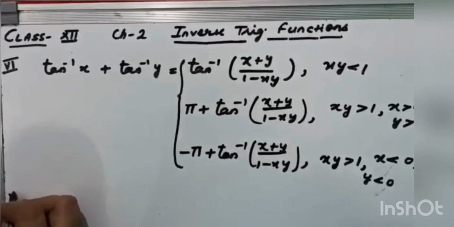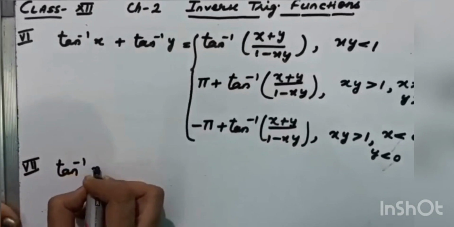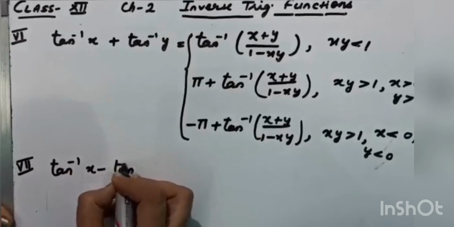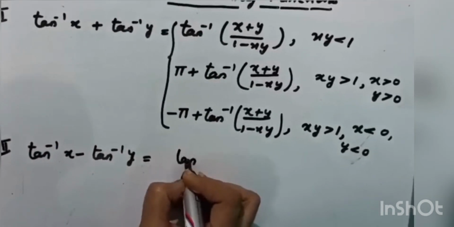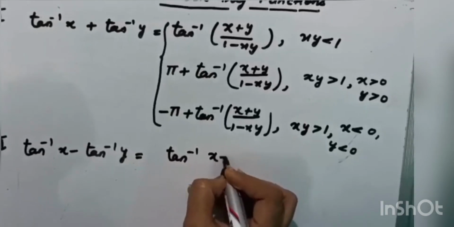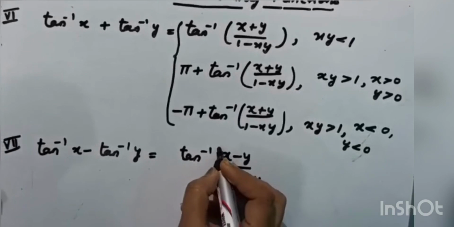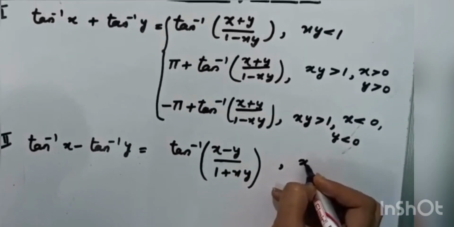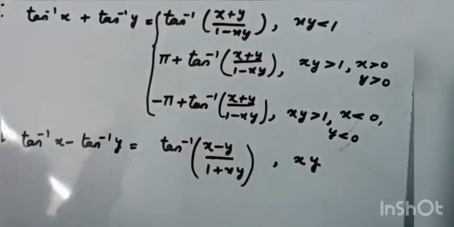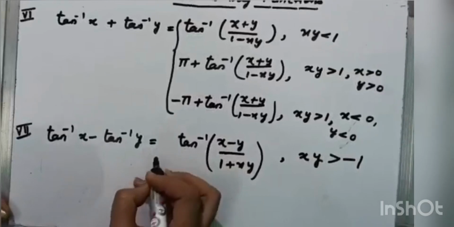Our next property is tan inverse x minus tan inverse y. This is equal to tan inverse of x minus y over 1 plus xy, where xy is greater than minus 1.